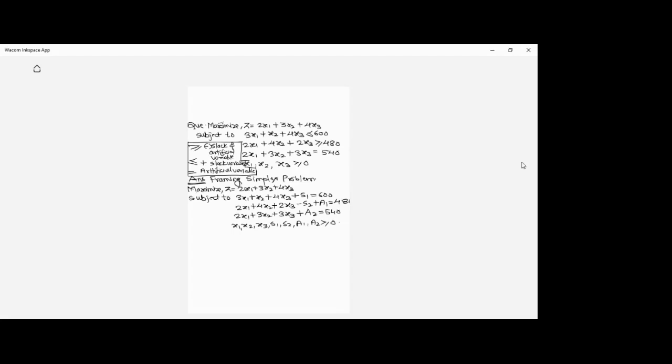Now we can move ahead and we can frame the initial simplex table. So the initial basic simplex table can be prepared, right? So we have CB, we have CJ, we have basic variable. 1, 2, 3, 4, 5, 6, and 7 are the variables as of now, and 1 for solution.